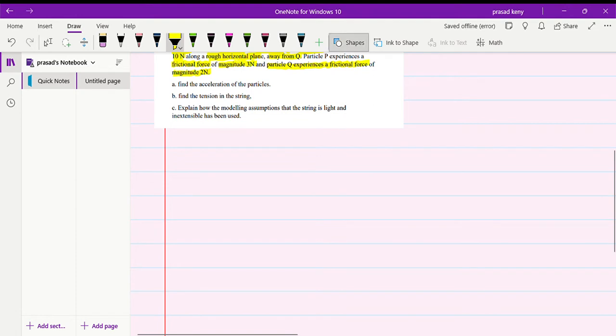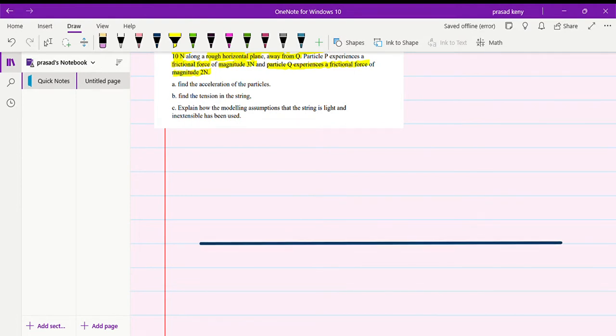So, first let us draw the diagram here. This is the horizontal plane here. On this horizontal plane, there are two particles kept.